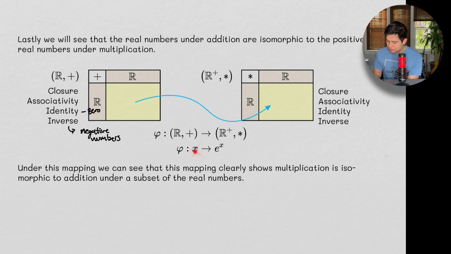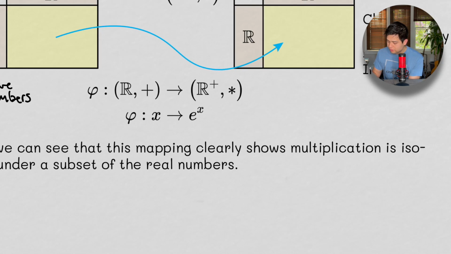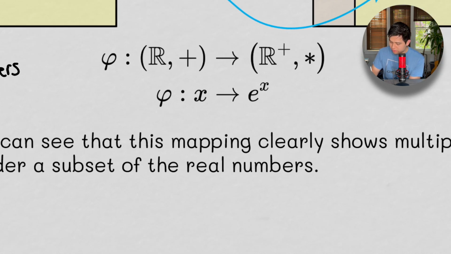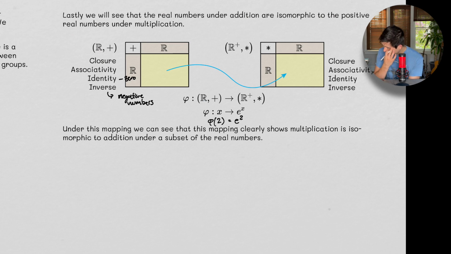And this map is going to be, you take any number in R, say, let's take 2 for example, it's going to map it to e to the 2 power, right? So phi of 2 is equal to e to the 2.